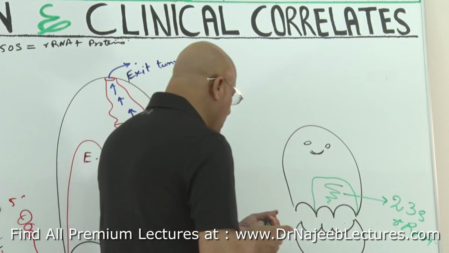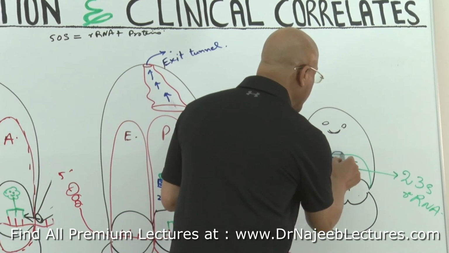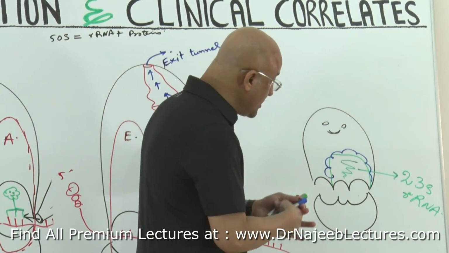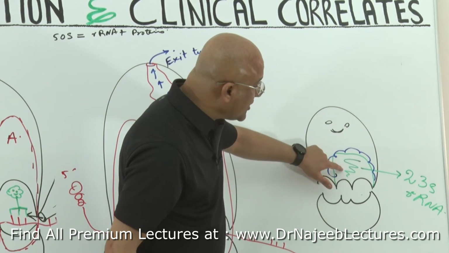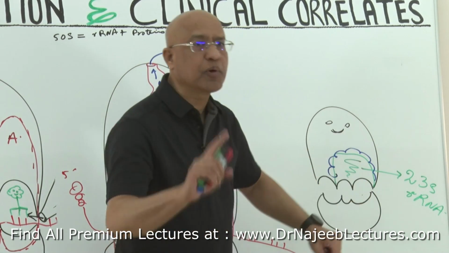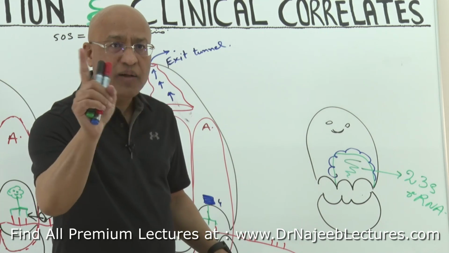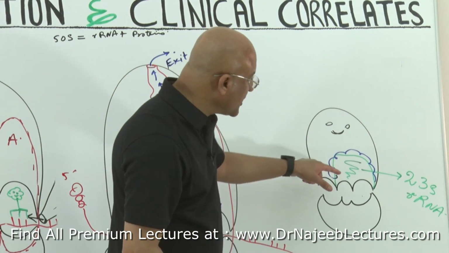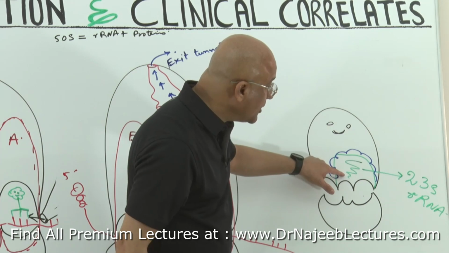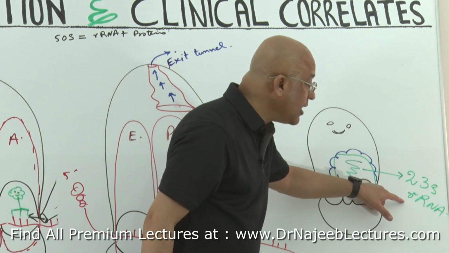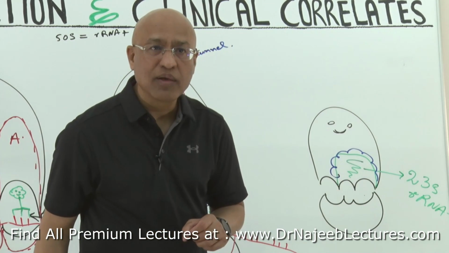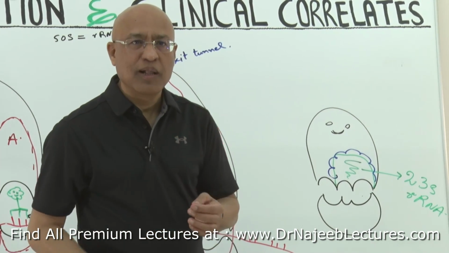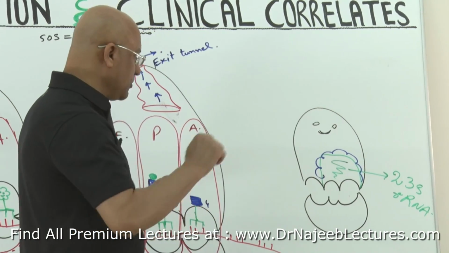Of course it has some proteins around it, but the enzymatic function is not done by proteins. The enzymatic function is performed by 23S ribosomal RNA, which is present in the 50S unit.